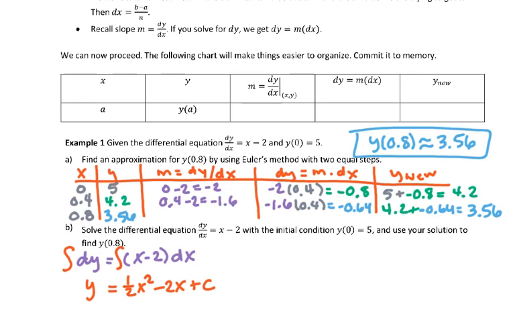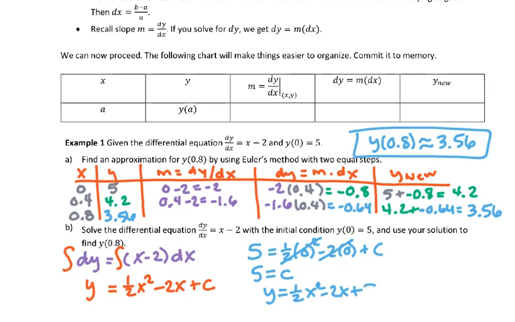And then we have the initial condition (0, 5). If we plug that in and solve for c, both of those terms go away and just give us 5. So we have the equation y equals 1/2 x squared minus 2x plus 5.